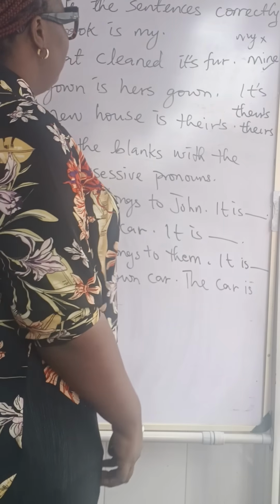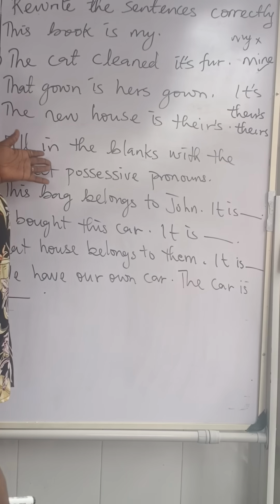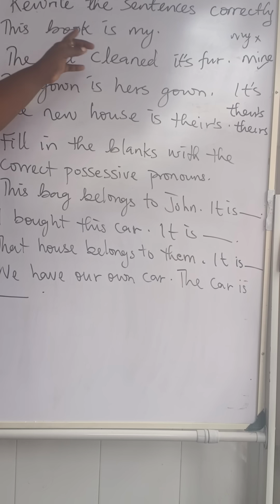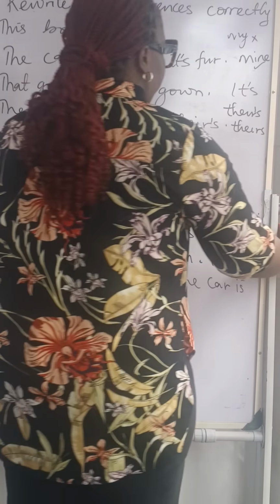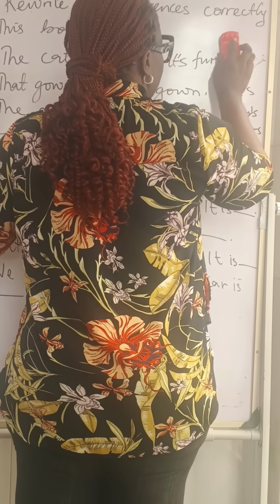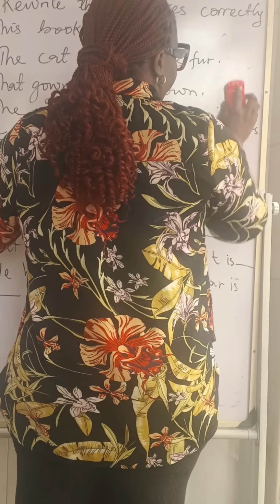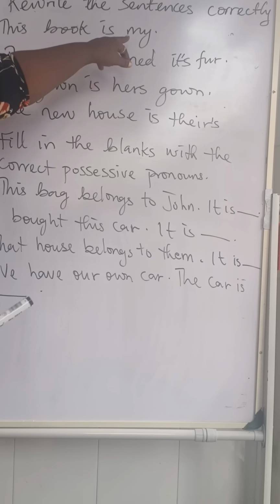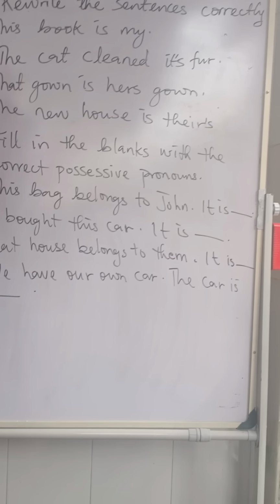Now let's practice with these sentences on the board. The first one says rewrite the sentences correctly. We are going to rewrite these sentences what? Correctly. That's the first thing we are going to do. Number one, this book is mine, M-Y, mine. Is it correct?